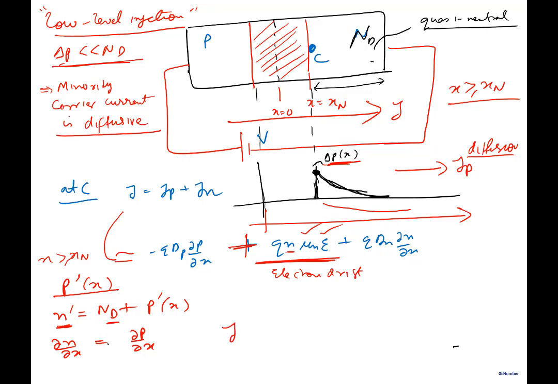So Jn diffusion is what? If you look at this term, I can take this Dn and divide it by Dp and write it as Dp del n by del x, which is nothing but del p by del x. Correct?